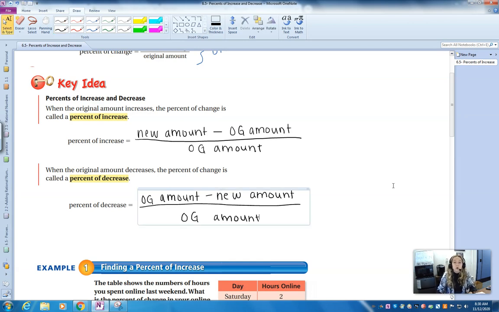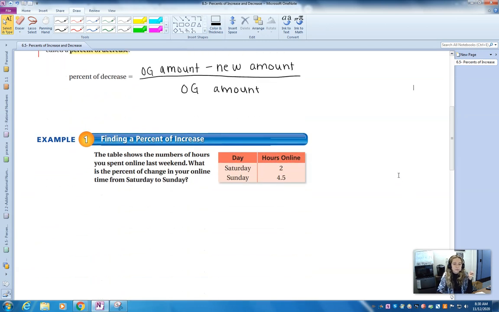Okay, so those are the formulas for percent of increase and percent of decrease. Make sure you have those down, because in the next couple of examples we're just going to apply these numbers directly into these formulas to get our percents of increase and decrease. Make sure you have these written down, then press play and we'll continue on.